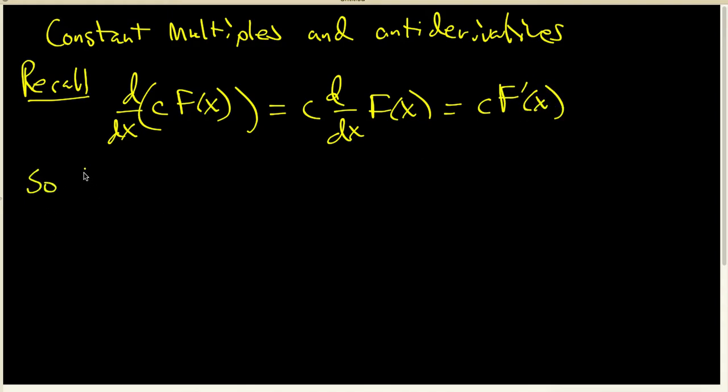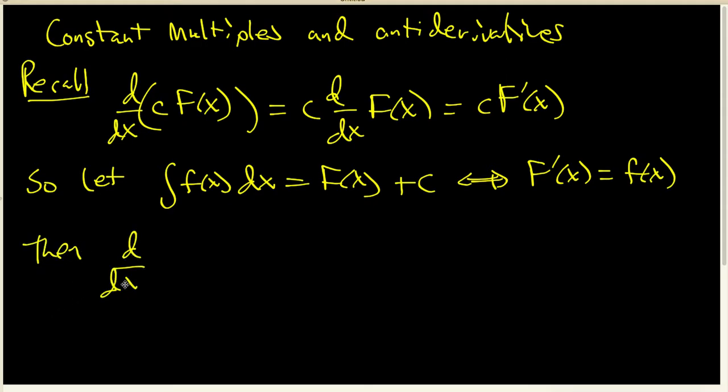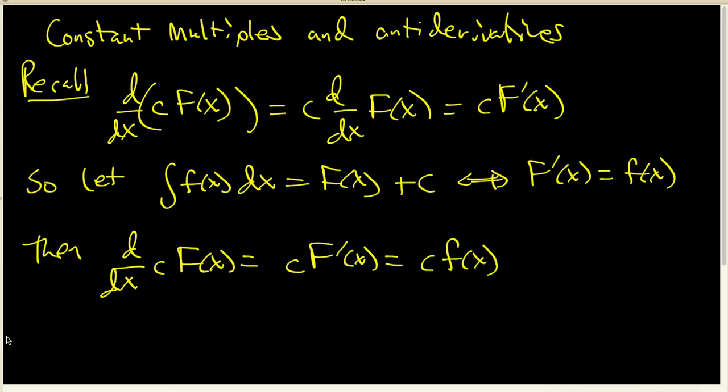So if we let little f of x have antiderivative capital F of x plus whatever constant that we want to add, that says that capital F prime is equal to little f of x. Then what I know is that the derivative of c times capital F of x is c times F prime, but capital F prime is just little f of x.